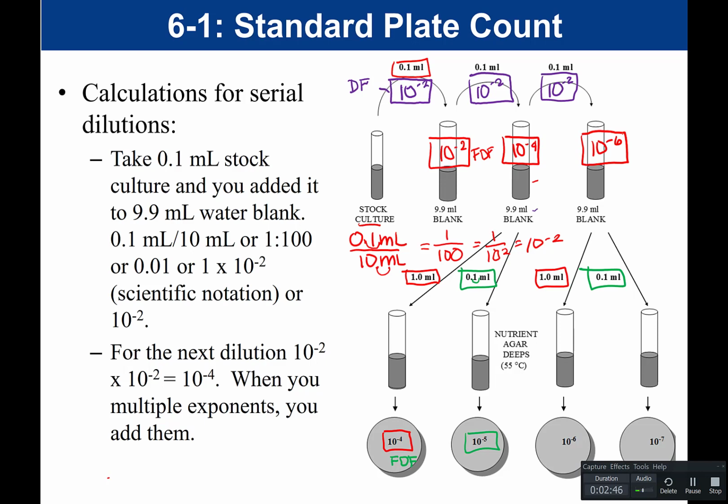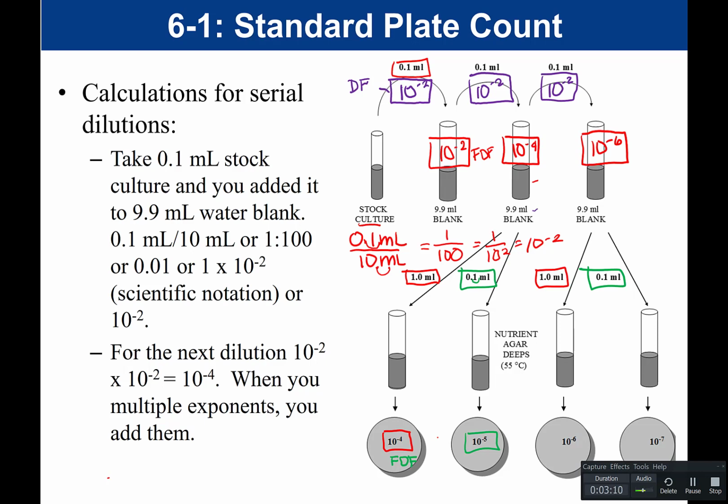So I take my 10 to the negative 4 plate and I transfer 1 milliliter. If I transfer 1 milliliter, my final dilution factor on that plate is 10 to the negative 4. Because remember, my titer is going to be the number of bacteria per milliliter. So if I transfer 1, my final dilution is still 10 to the negative 4.